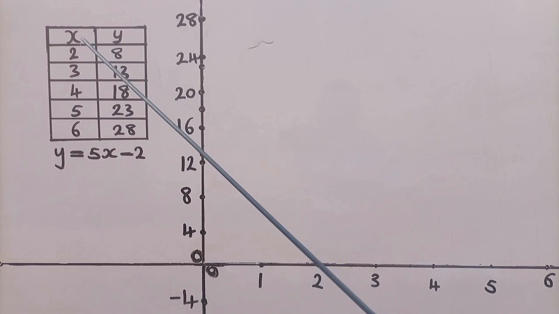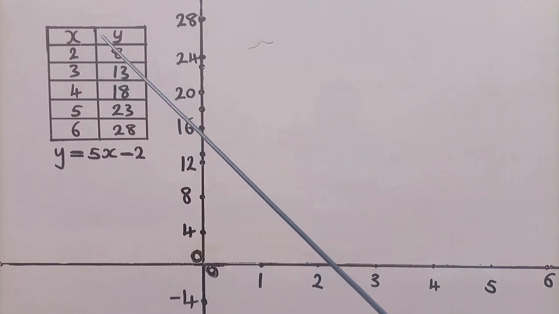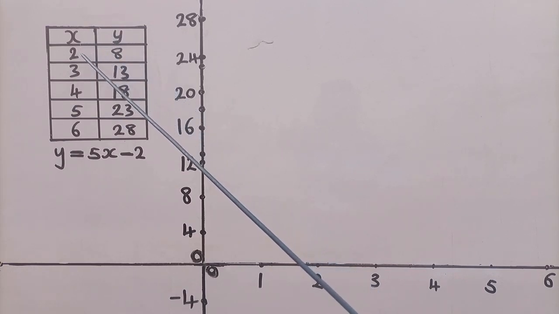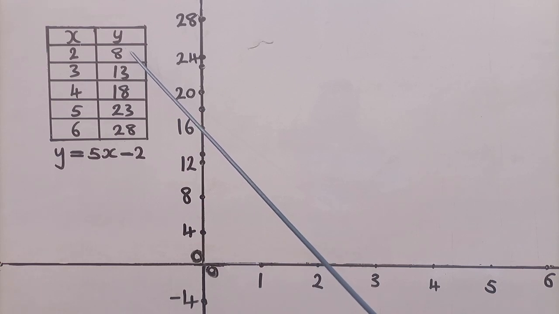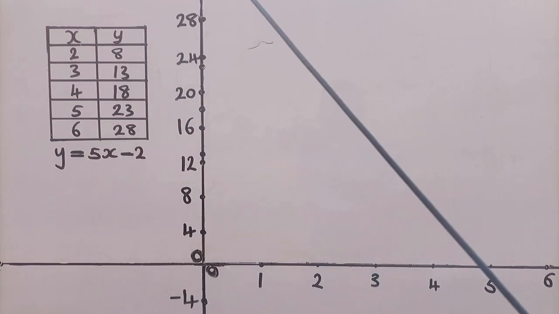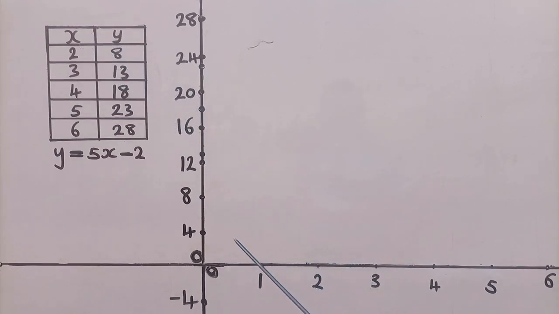We go back to our table. This 2 for x corresponds to 8 for y. That means we locate 2 for the x and locate 8 for the y. This is 2 for the x and this is 8 for the y.